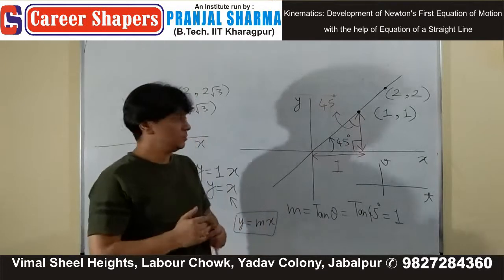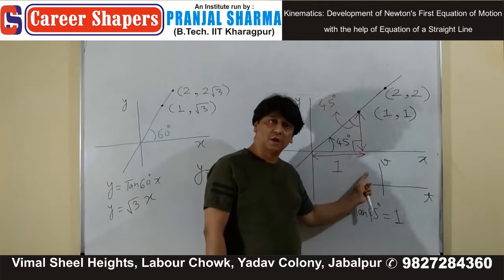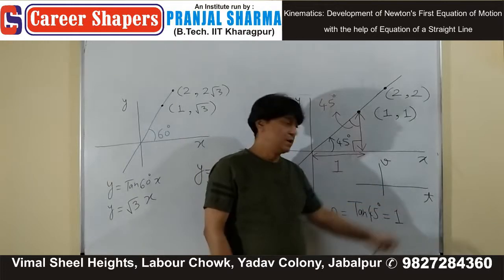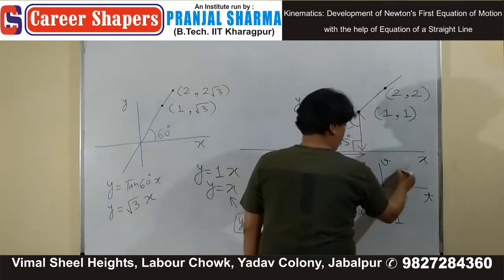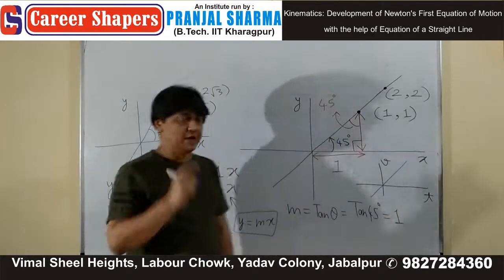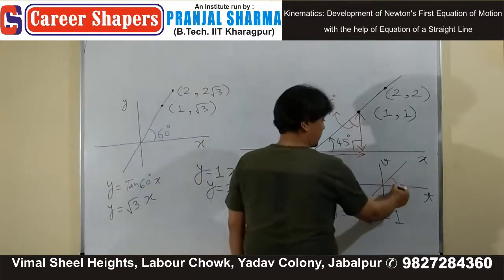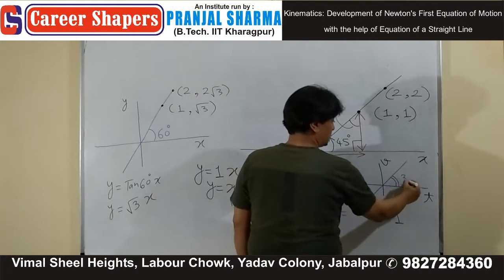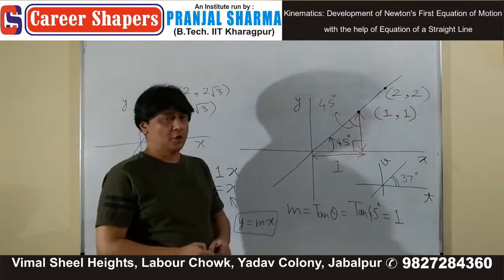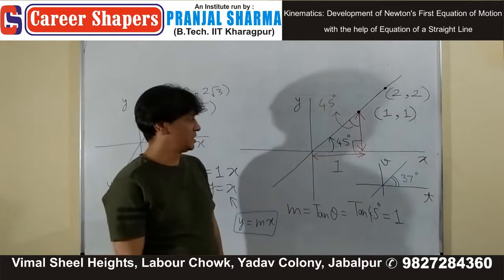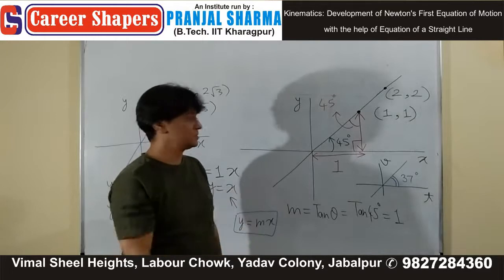So if I give you a graph between velocity and time, and this graph is in the shape of a straight line, and this line makes an angle of 37 degrees, I hope you remember 37. Then write down the equation of this line in the comment box.